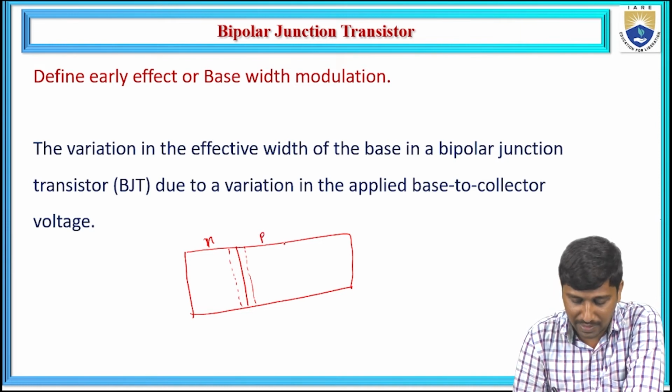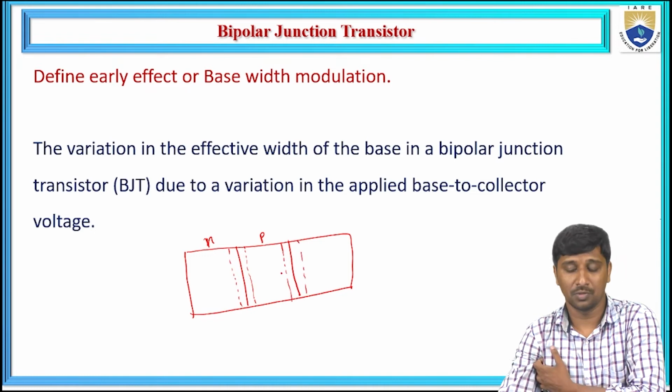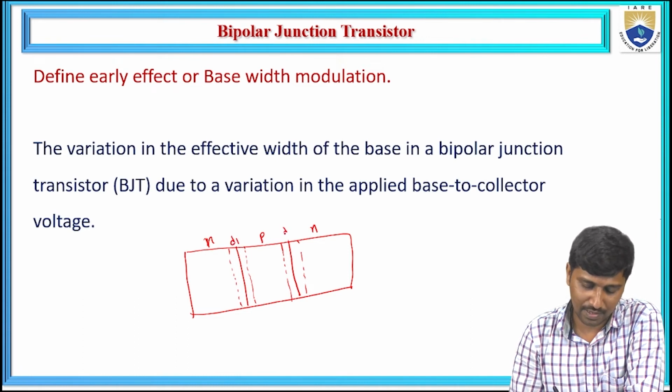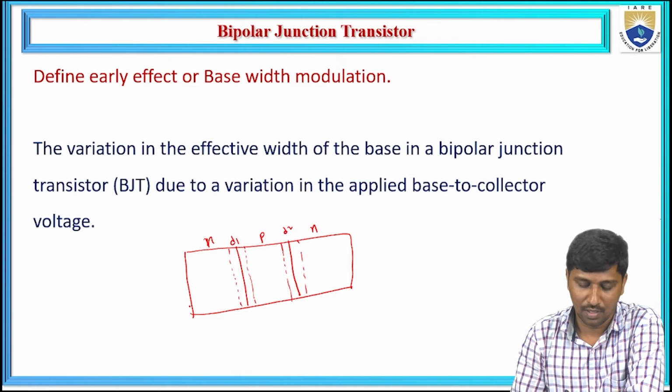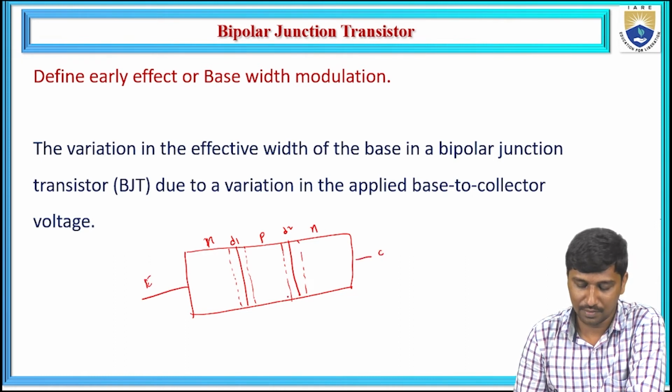This is P, and this is N. This is depletion region 1, depletion region 2. Let us take this as the emitter, this as the collector, and this is represented as the base.